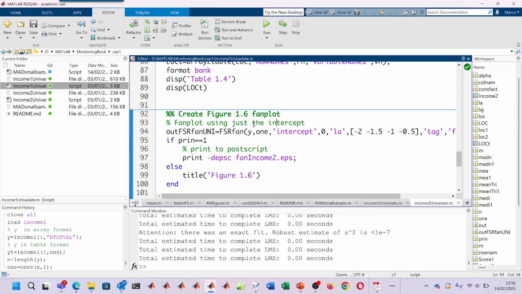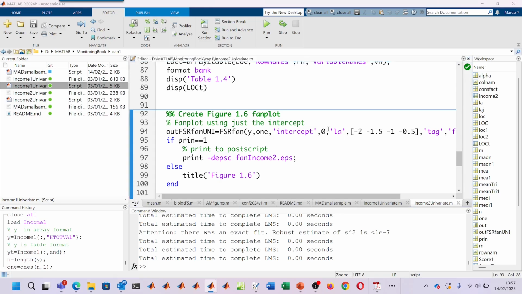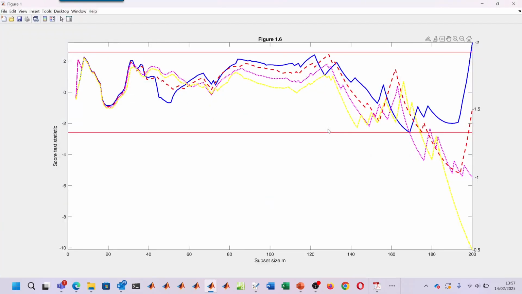So let us come to the conclusions and to the message that we want to give in this chapter. Our message is that in order to understand what each observation is telling us or doing to the parameter estimates or whatever we are actually looking at, we do need to use a dynamic method such as that we have used in the fan plot combined with the forward search that responds, as we have seen in the last plot, very strongly, very quickly, very powerfully to some strange features of the data.